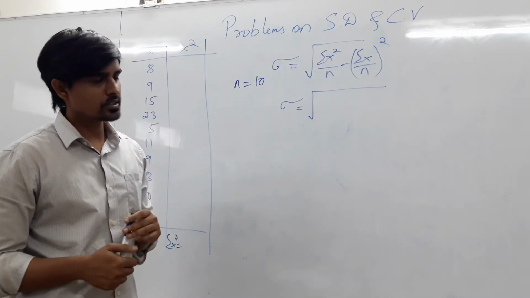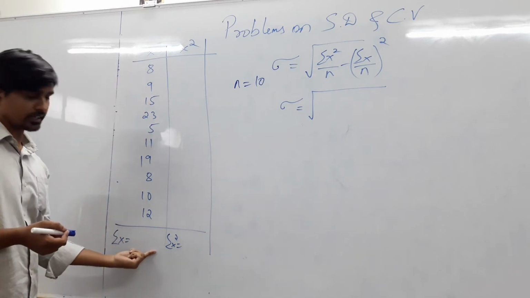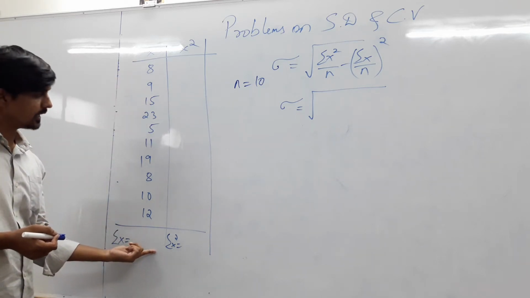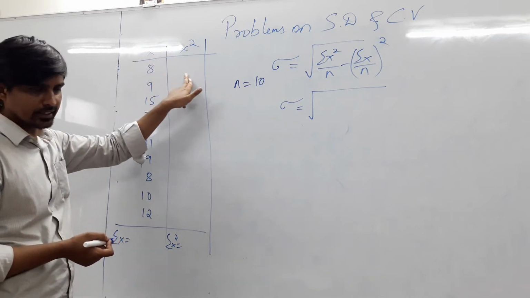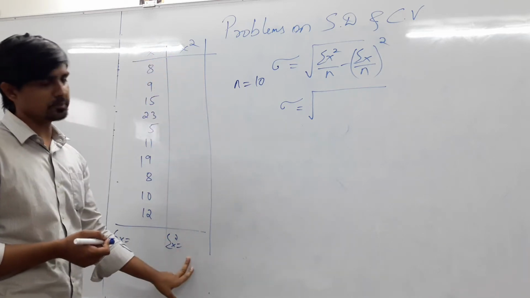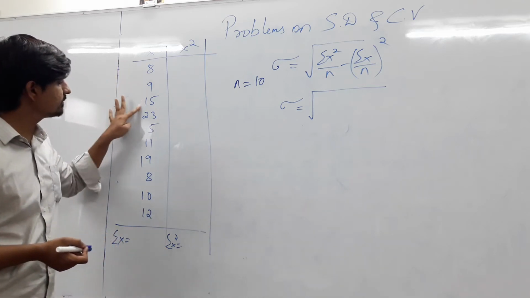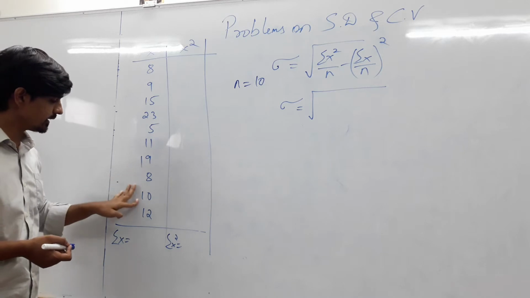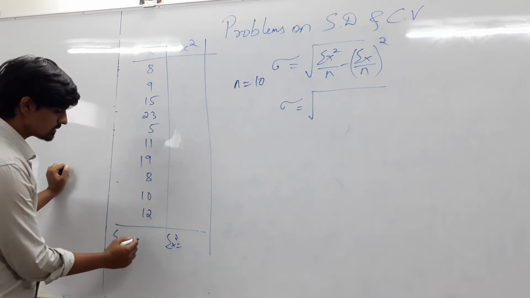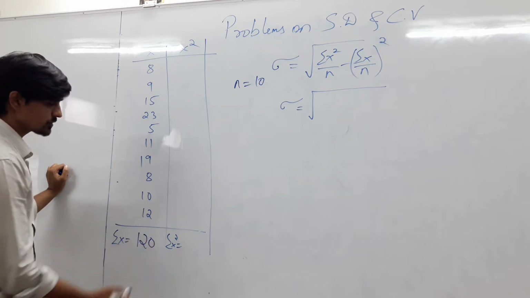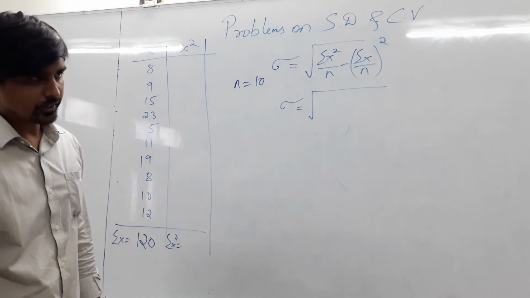First I have to add all the values in x and write it down here, and then I have to square these values and add them again. Now how much will this be? 8, 9, 15, 23, 5, 11, 19, 8, 10 and 12. I am directly writing it down; you calculate it. It should be 120.